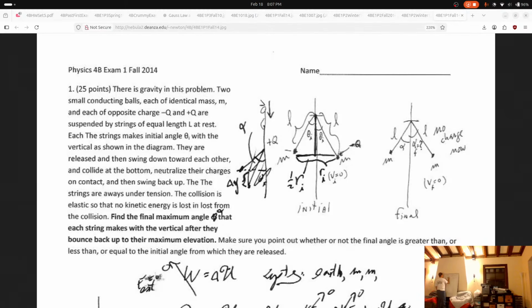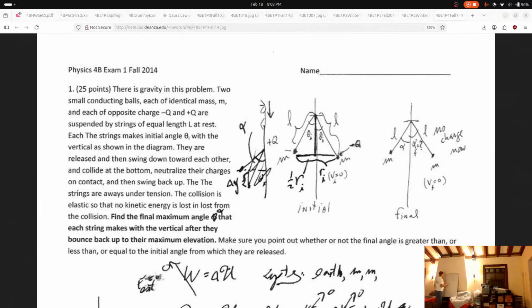So then this height will be L minus L cos theta. So this is going to be L minus L cos alpha minus L minus L cos theta. So this is going to be equal to 2mgL, cos theta minus cos alpha.